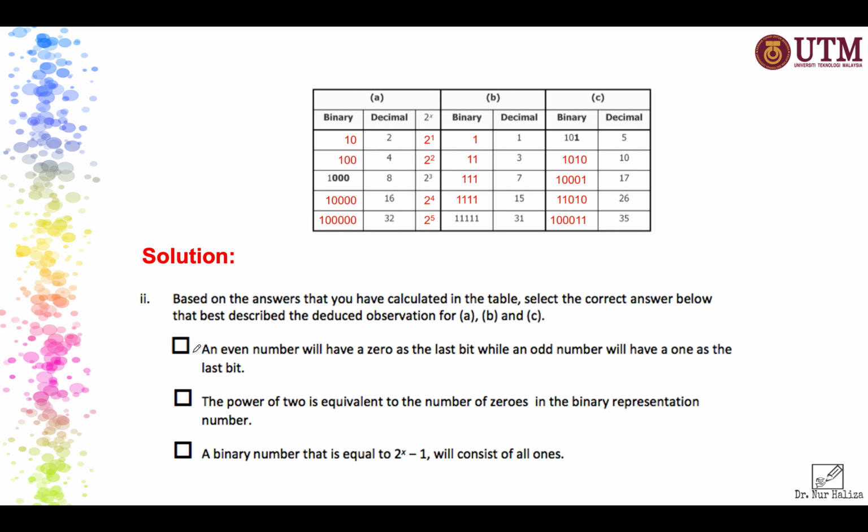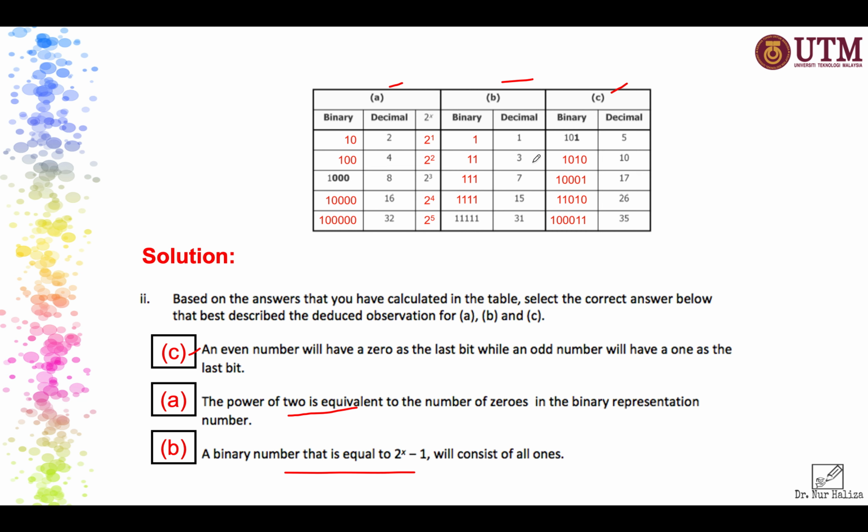Based on the answer that you have calculated in the table, select the correct answer below, the best description that deduces observations for A, B, and also C. What you're going to conclude: an even number is for the C, and A is the power of 2 is equivalent to the number of zeros in the binary representations, and B is a binary number is equal to 2x minus 1.